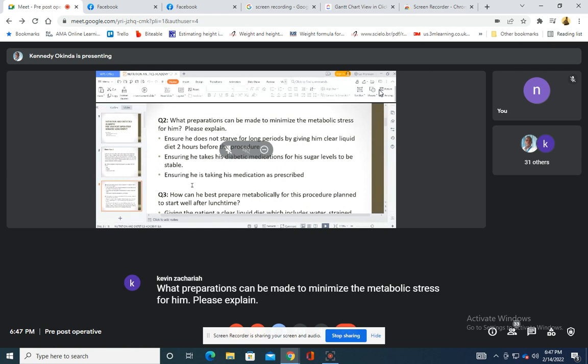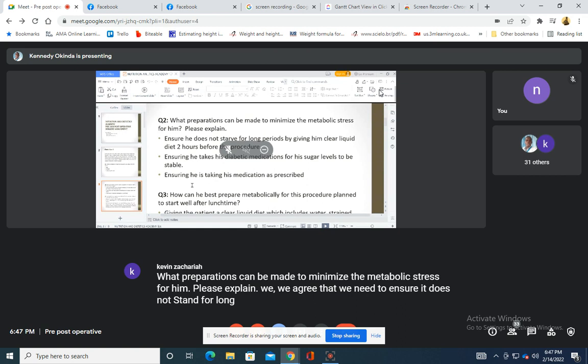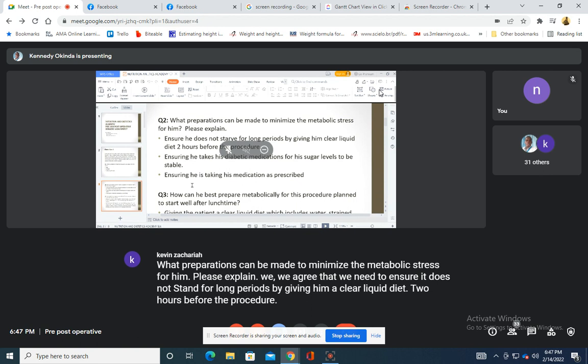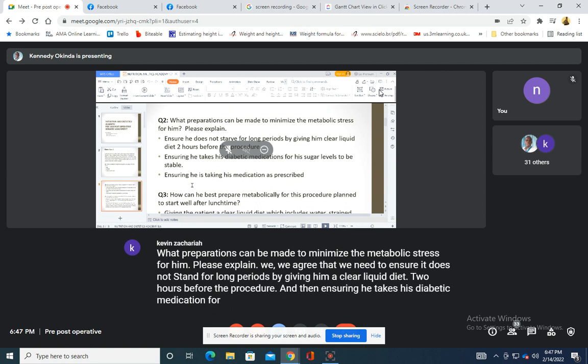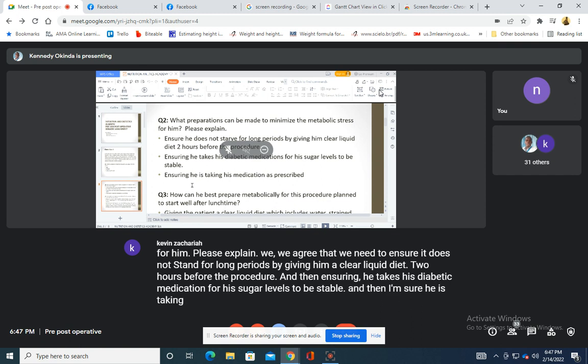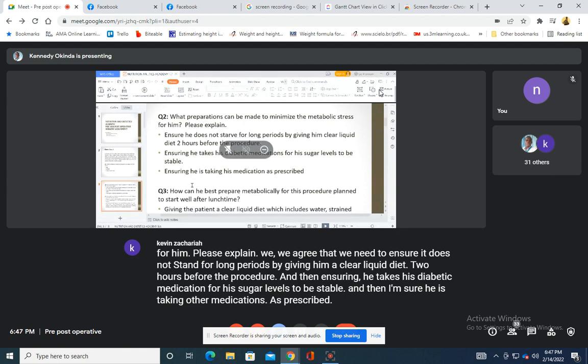We agree that we need to ensure he does not starve for long periods by giving him a clear liquid diet 2 hours before the procedure, and then ensuring he takes his diabetic medication for his sugar levels to be stable, and that he takes other medications as prescribed.